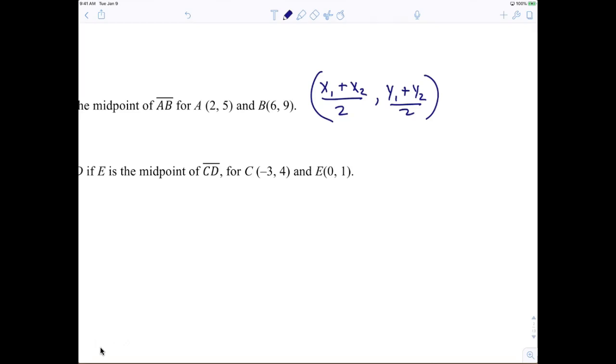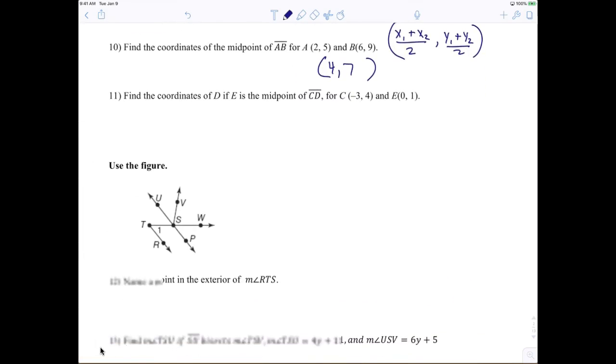Any questions with that? So the midpoint here would be what? Somebody said 4, 7. Does anybody agree with that? Just the average. X plus x divided by 2, y plus y divided by 2. Everybody good? All right, let's check out the next one.